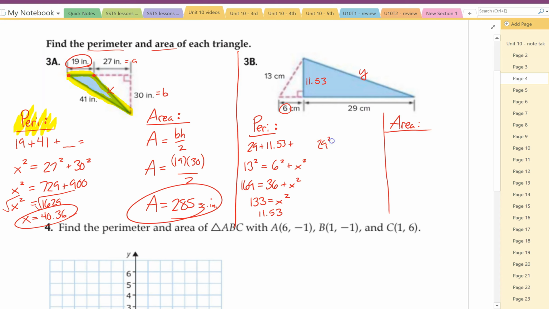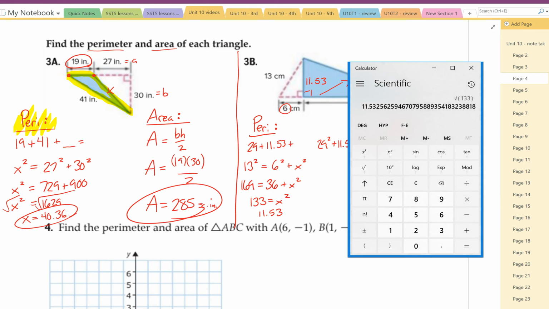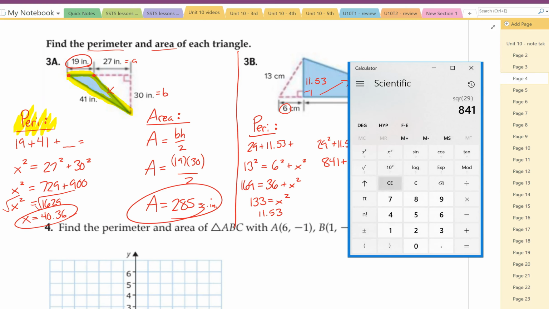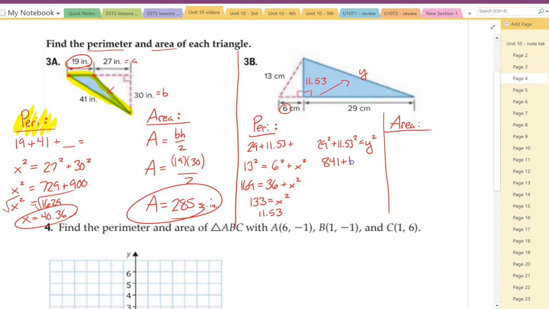29 squared plus 11.53 squared is going to give me Y squared, right? Because Y is the hypotenuse in this triangle. It's the longest side. It's the side that's across from the right angle. So let's figure out what 29 squared is. 841. 11.53 squared is 132.94.